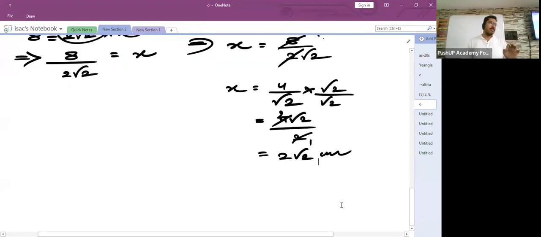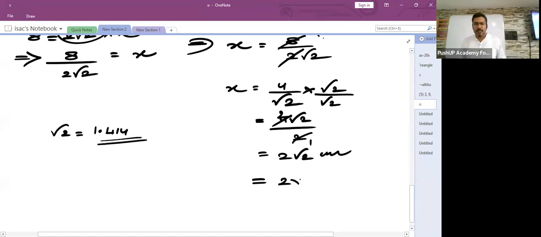Now, in case they ask you to find the answer in decimal places, what must you do? You must substitute the value of root 2 as 1.414.